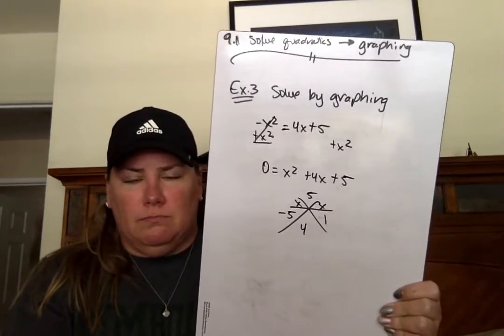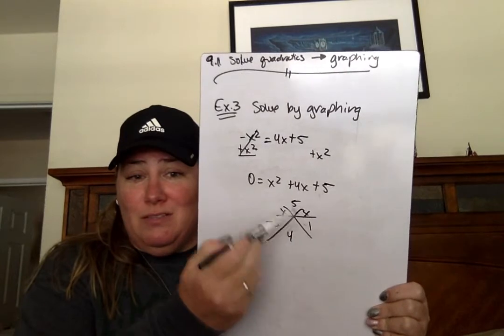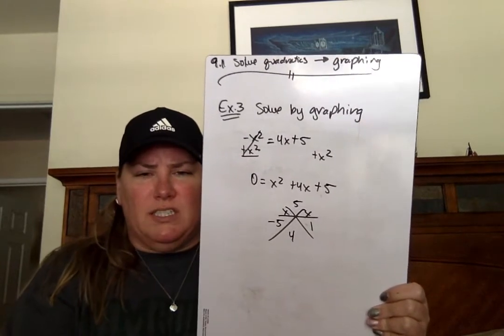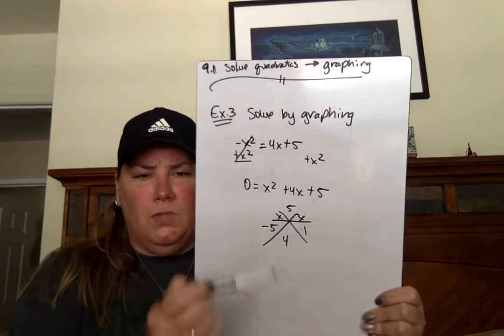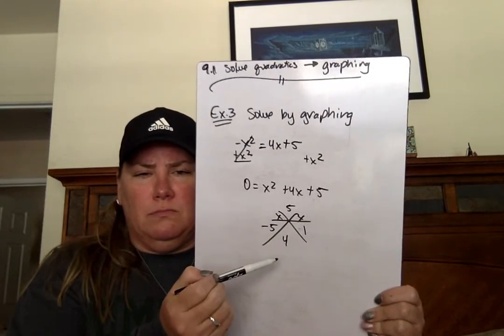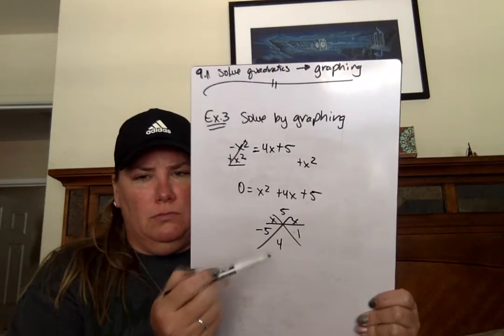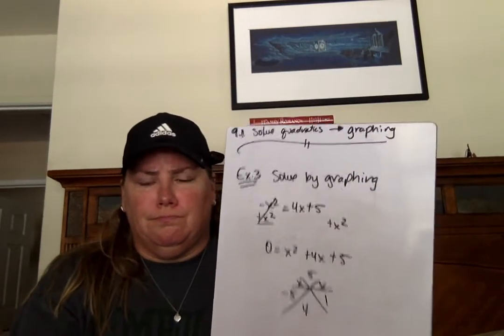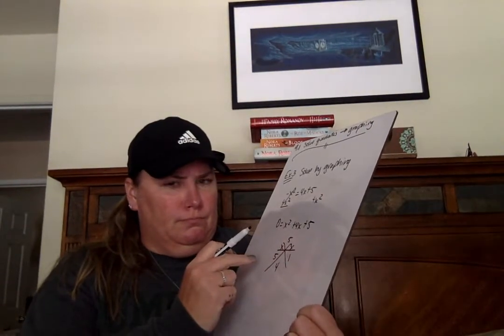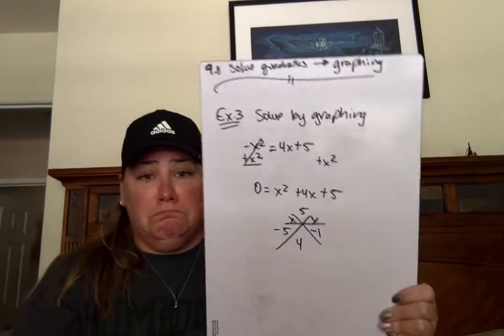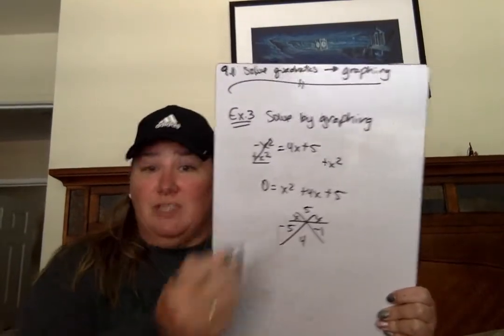So then I'm going to start playing with my signs. Negative 5 times 1 is not 5, and negative 5 plus 1 is a negative 4. Negative, negative: negative 5 times negative 1 is a positive 5.